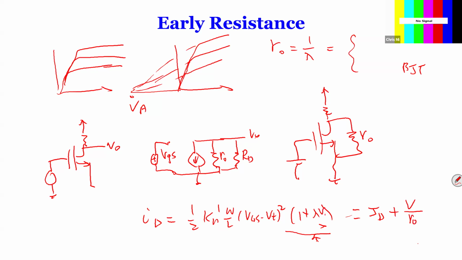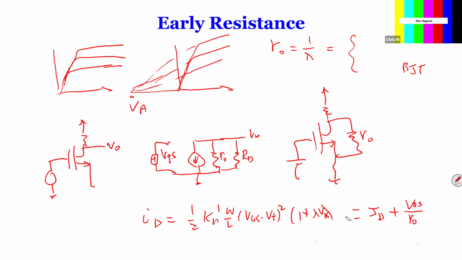So it's going to be VDS over RO. It's another term added to the actual current. We can use this same equation for the small signal, but it's a tedious process, so I'm not going to go through it. If you're interested, you can practice yourself.